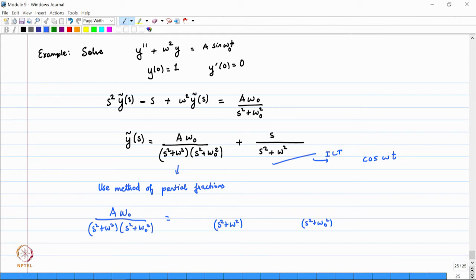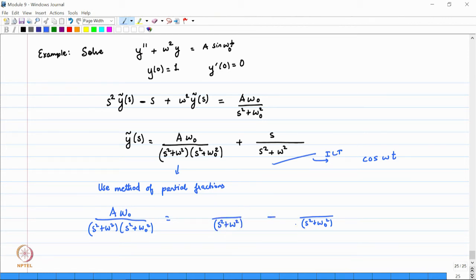Now you can easily see, so you need to find out what these quantities are. Since the s has to cancel, you should have a minus sign here.